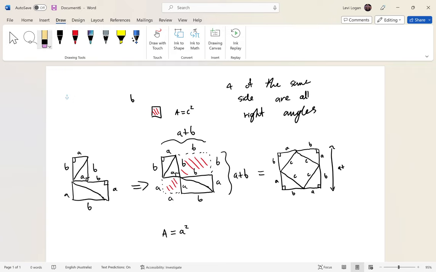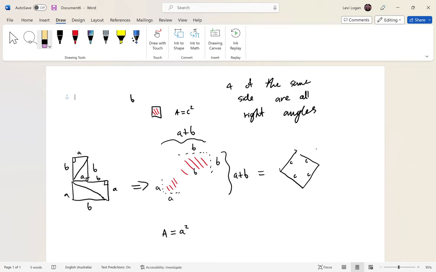So if we were to remove the triangles from both of them, so let's say we just removed that triangle, and we just left the rectangle in the middle on that side, we're just left with that square there, and we remove the triangles here and move the triangles there, we're left with two little squares on the left hand side equaling one square on the right hand side.